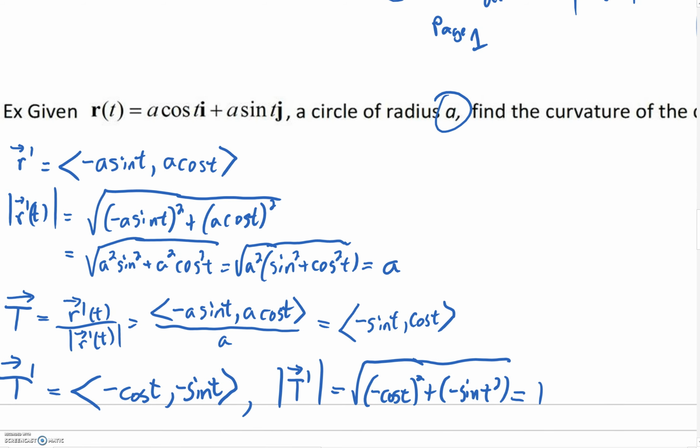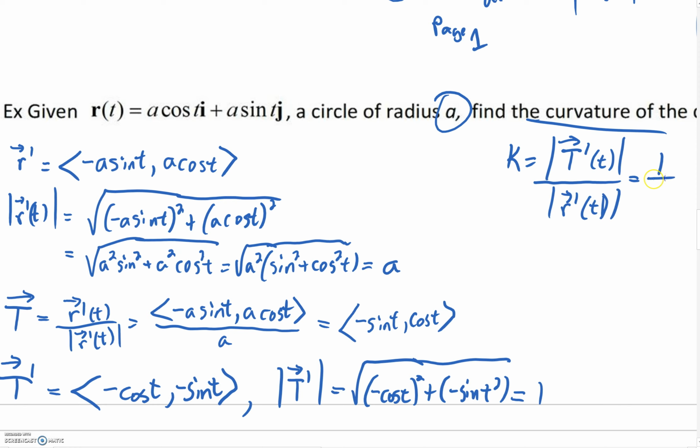So what are we getting into here? Well, kappa, when they're saying find the curvature, you might remember from the formula that we had up above, we said, well, it's the length of t prime divided by the length of r prime of t. We just saw that this numerator is a 1.